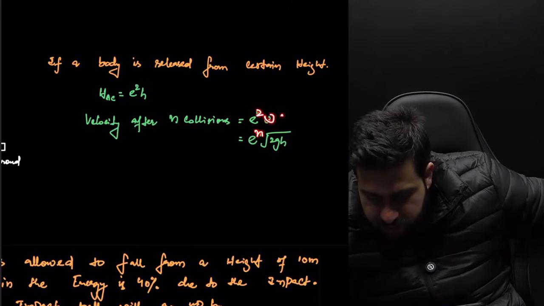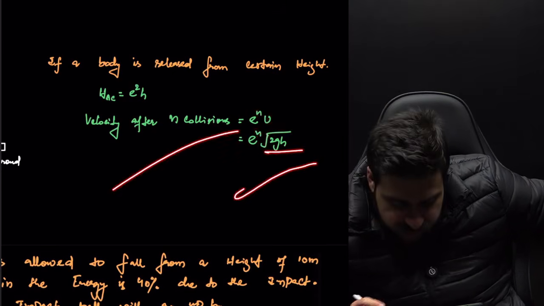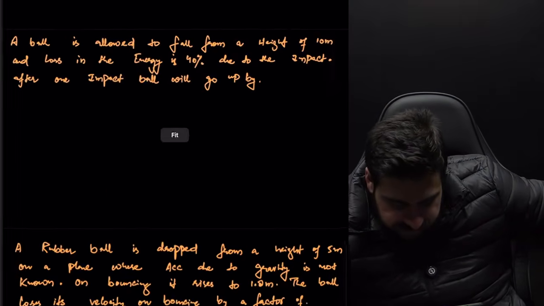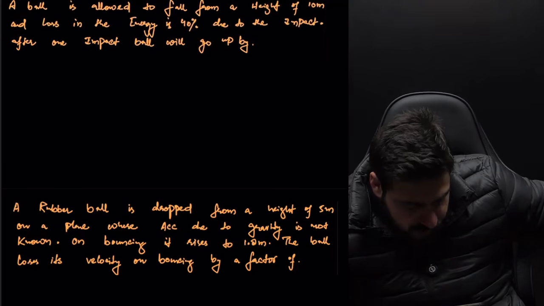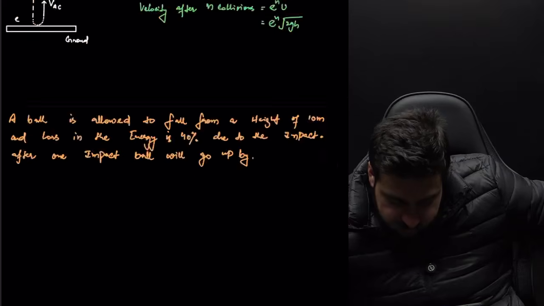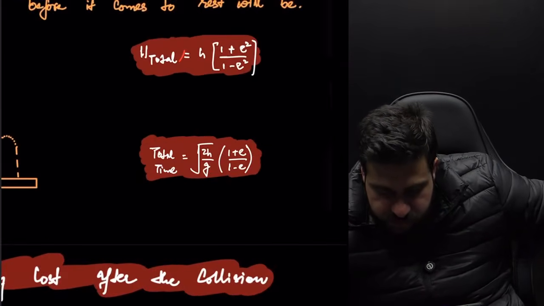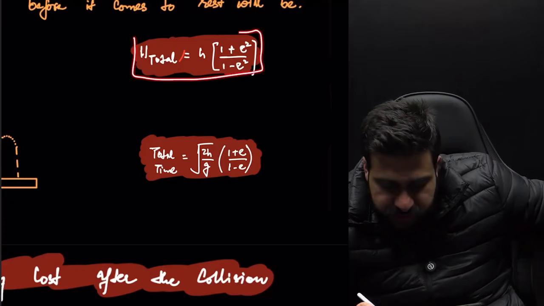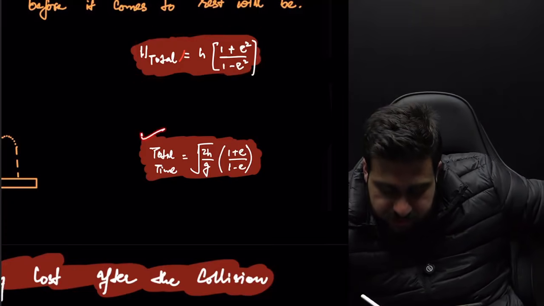And u is the velocity with which it strikes the ground, that is under root of 2gh. I hope these two expressions are clear. We don't have to derive these two expressions; you can directly remember them.